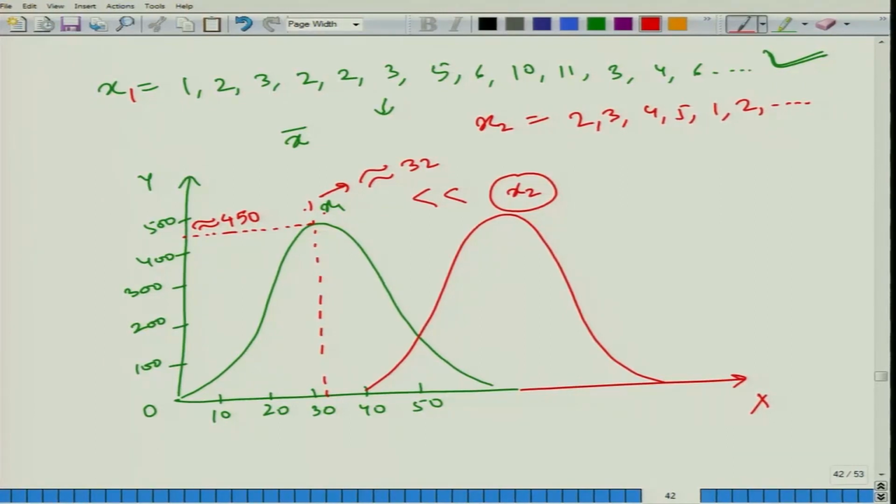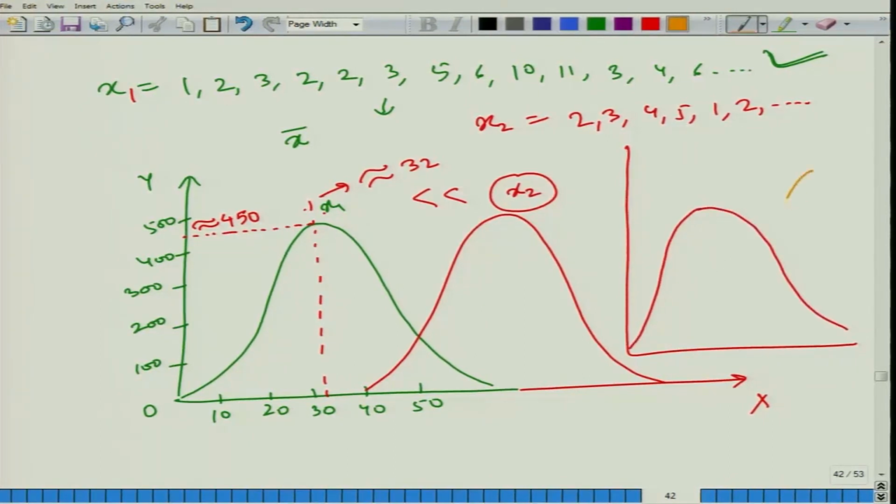Similarly, if I asked you what is the spread of these data, the range, the range coefficient or, say, the standard deviation of x1 or x2, it would be difficult to tell intuitively. But suppose we plotted these, and we had this as x1 and this as x2.